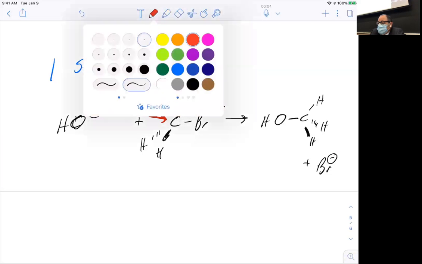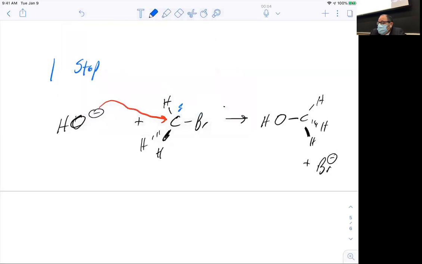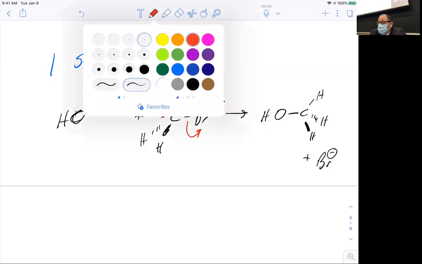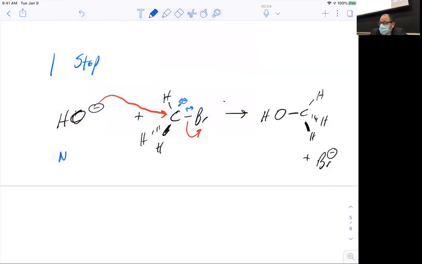We have a partial positive here because we have a dipole moment going to the bromine. And a leaving group leaves. So a nucleophile is attacking the electrophile, and my leaving group is leaving.